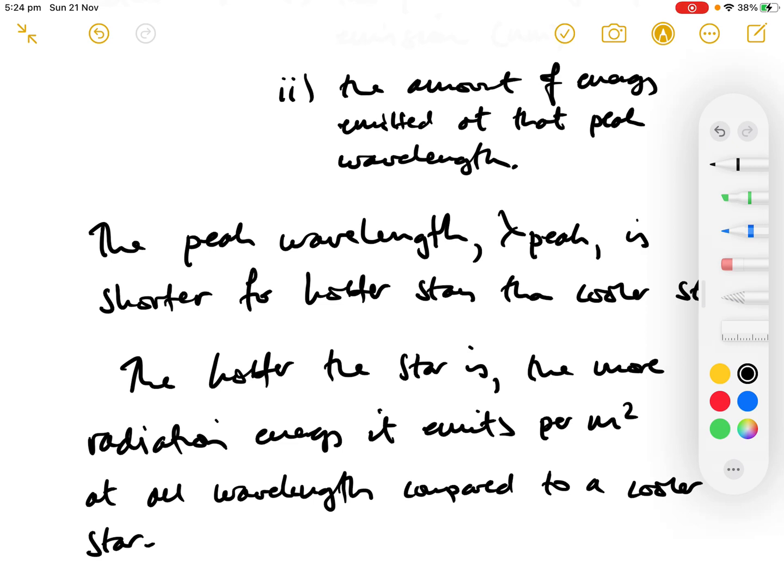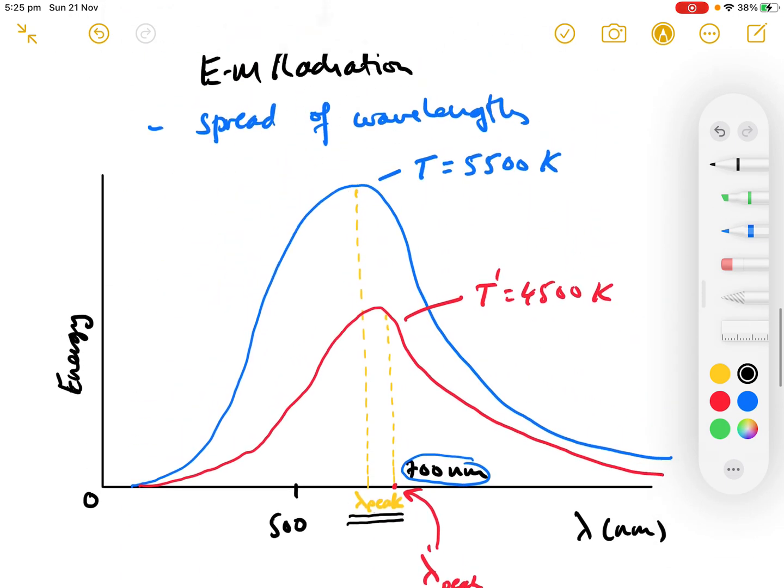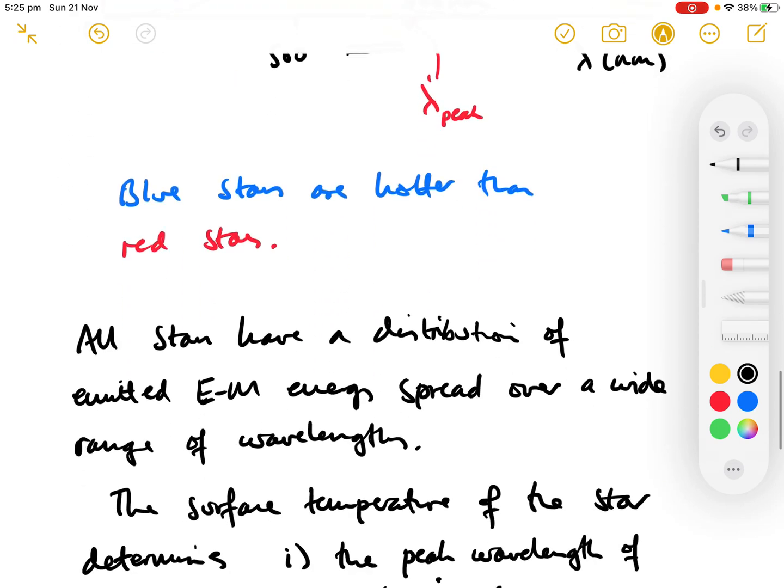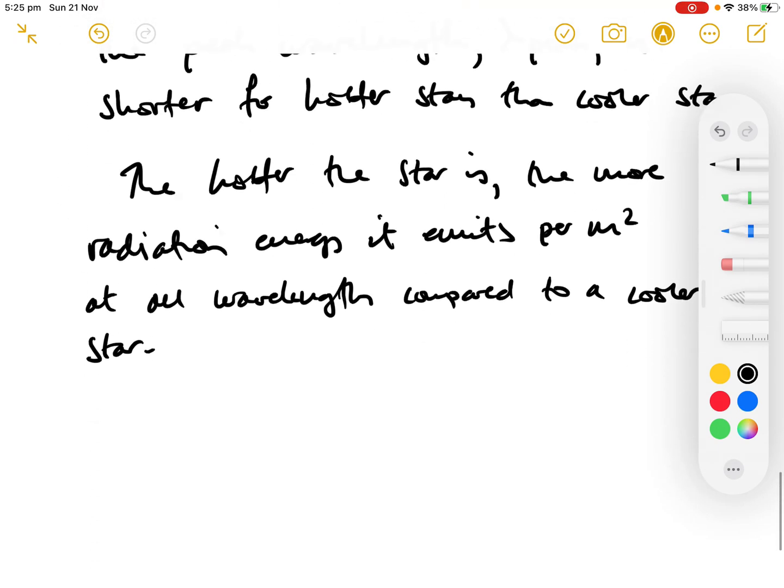The hotter the star is, the more radiation energy it emits per square meter at all wavelengths compared to a cooler star. And again, I'm just putting into words what the graph tells you. As you can see, the hotter star is emitting more energy at all wavelengths. In other words, the curve is higher up the y-axis at all wavelengths than the cooler star, and that's the shape it takes, that asymmetrical characteristic shape.